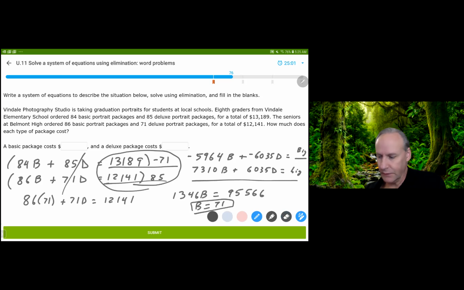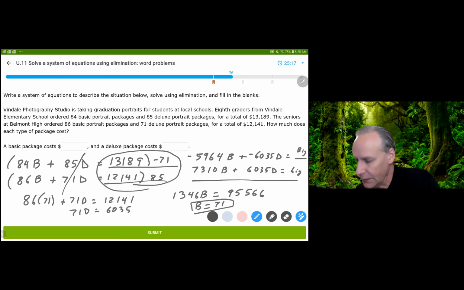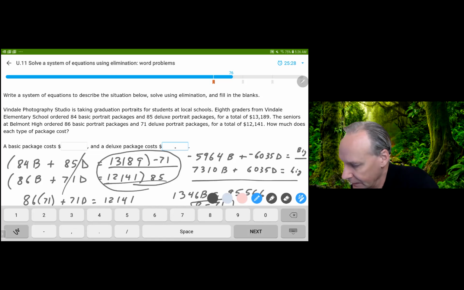And I'm just going to go ahead and do it. 71D equals 6035. That looks familiar. Divide by the 71, and you get 85, of course. D equals 85. So the deluxe packages cost 85, and the basic packages cost $71, right? Yeah, it looks like it.